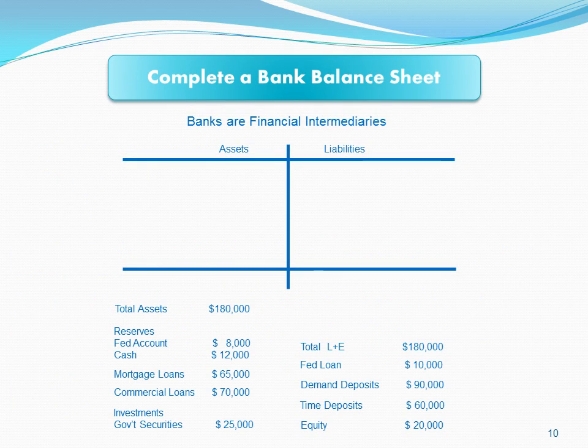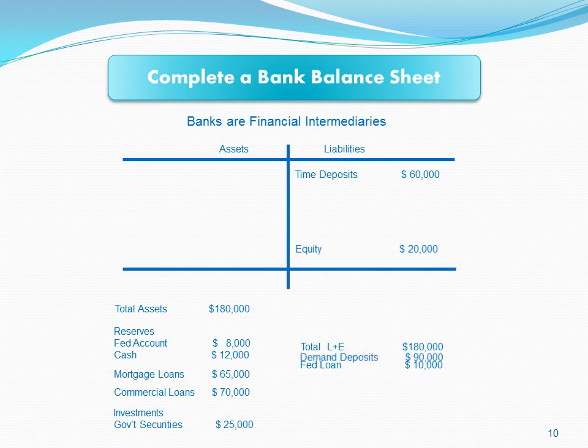So let's try this on your own. I've got the entries listed here, pretty much in order. On the right-hand side, we have liabilities. On the left-hand side, we have assets, so we know what those are. Liabilities are the funds you raise. So we have here equity that owners contribute. Depositors put in $60,000 in their savings accounts or time deposits.